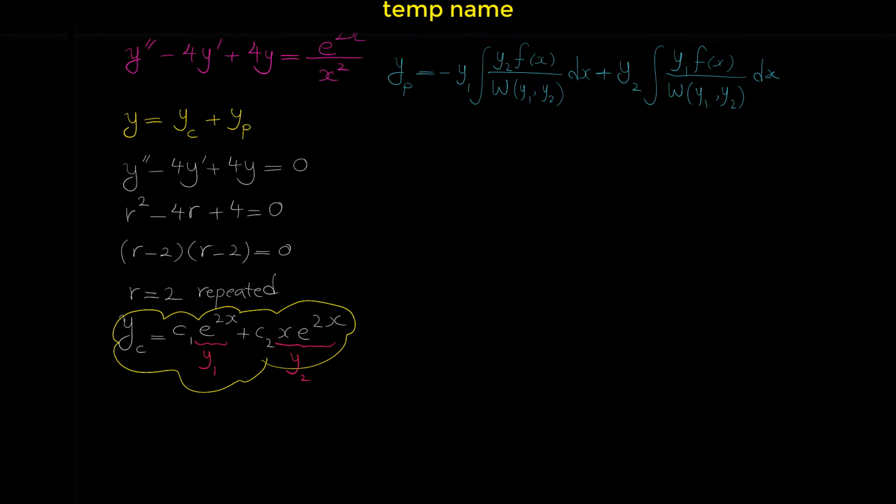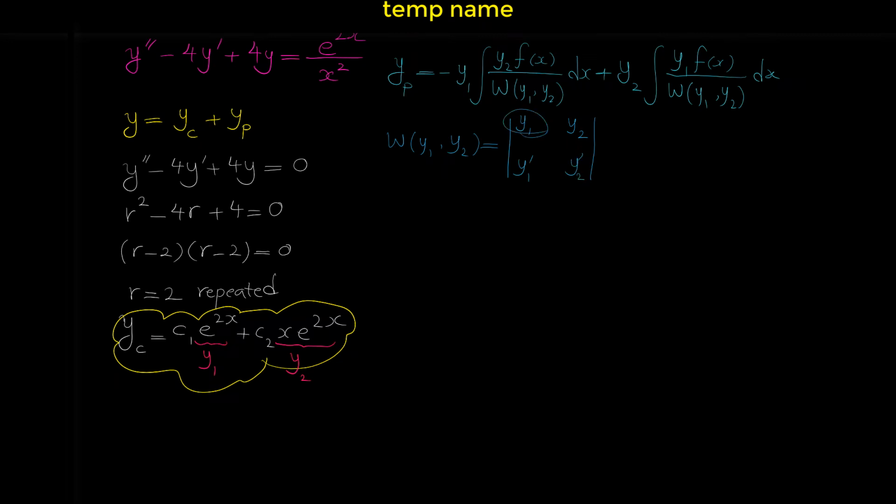But what is the Wronskian of the two functions y1 and y2? What does Wronskian mean in general? The Wronskian of y1 and y2, in general, is a determinant like this, in which the first row is y1 and y2, the two functions that we have here, and the second row is the derivative of y1 and y2.